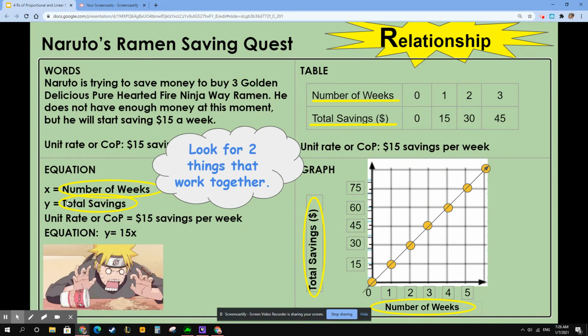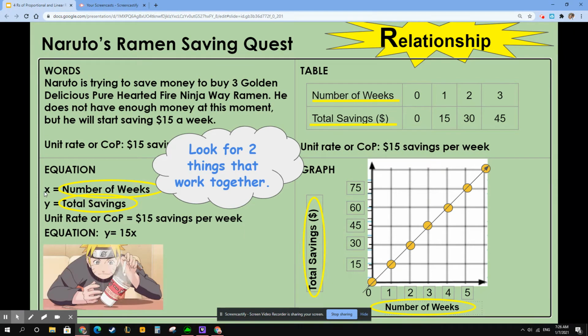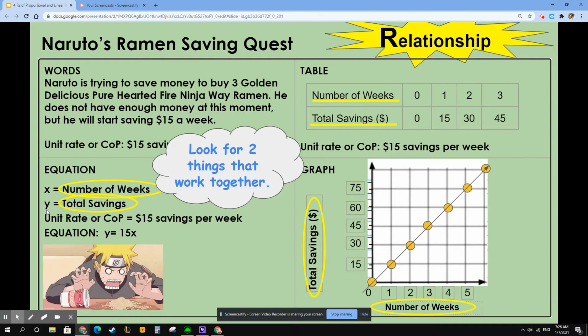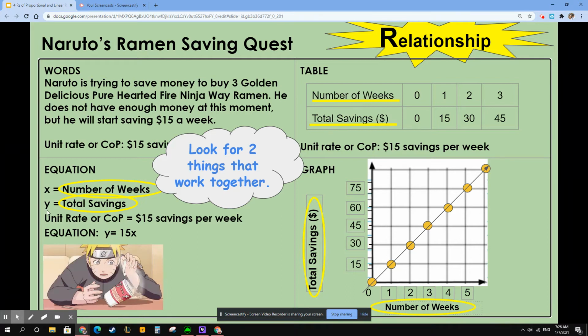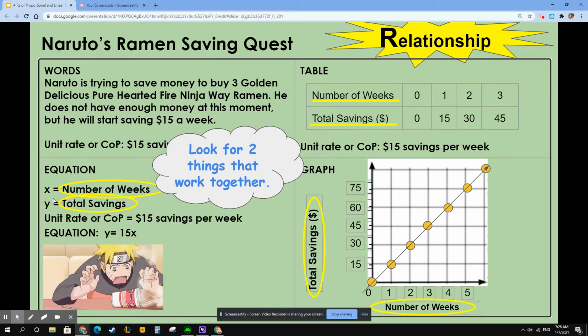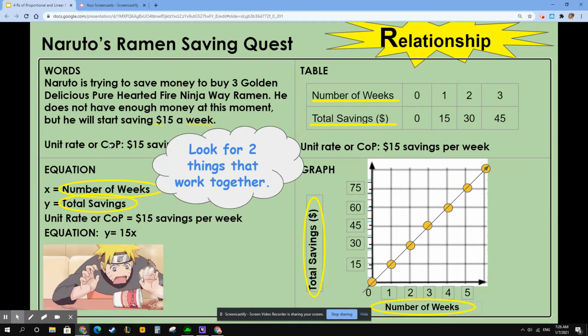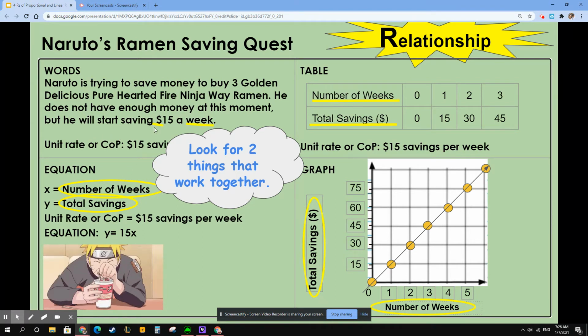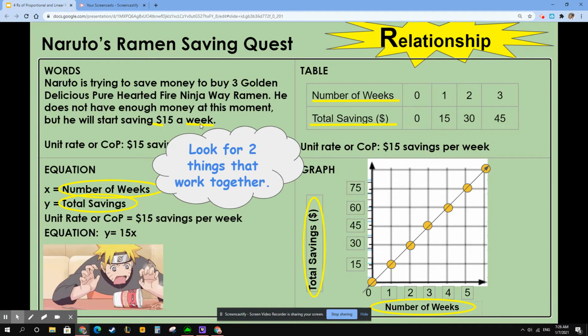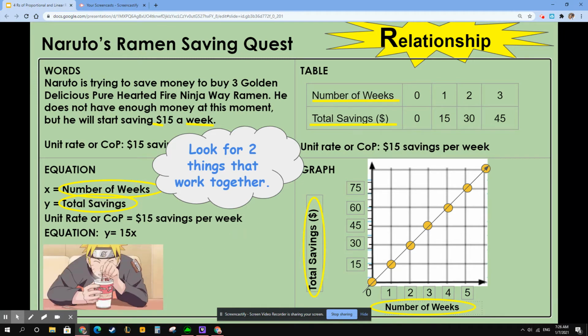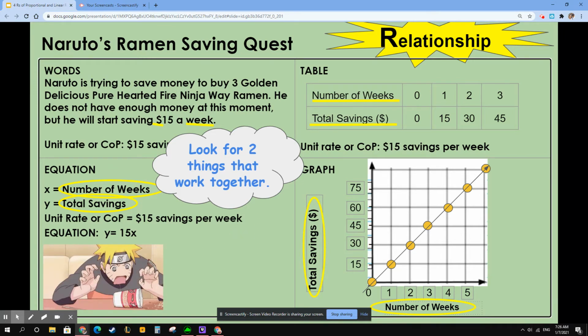From the equation, it's usually defined what the x and the y are, and those are the two things that are related to each other. If they don't tell you what they are, then it's just the x and the y that work together. From the words, it's usually right there, the dollars and the weeks. Those are the two things that work together.